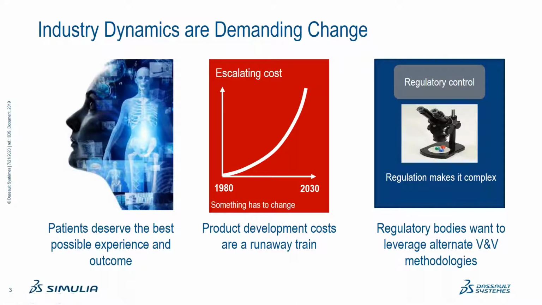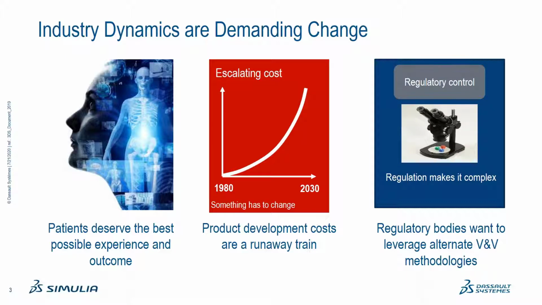I'd like to first start by discussing why there is room for an increased simulation role in the life sciences industry. Firstly, looking at the left of the slide, the industry wants to innovate in ways that optimize the patient experience and the therapeutic outcome, and they do this via the personalization of therapies. But to innovate for personalization takes commitment and a good deal of R&D bandwidth.